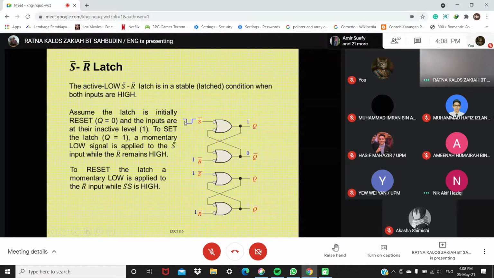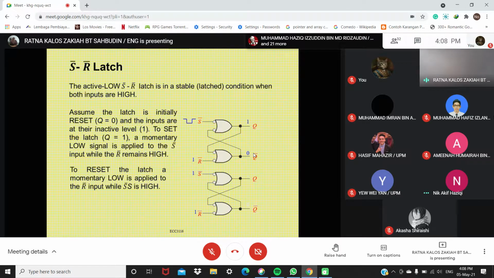So you see here, this is the momentary low. So when this is low, you see the bubble, so the output will be high. So Q is high. So this Q goes into the second OR gate here, but now you have bubble here, so 0 here, and here is 1 because of the bubble, so both become 0. So 0, 0, you get Q bar equal to 0.